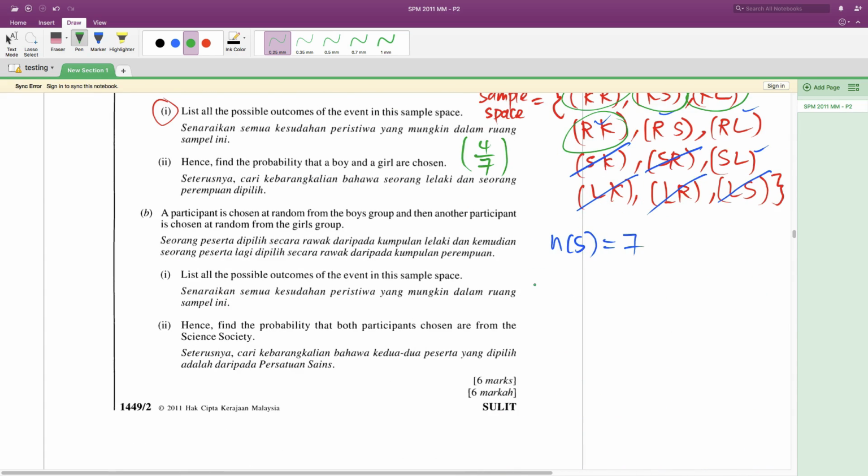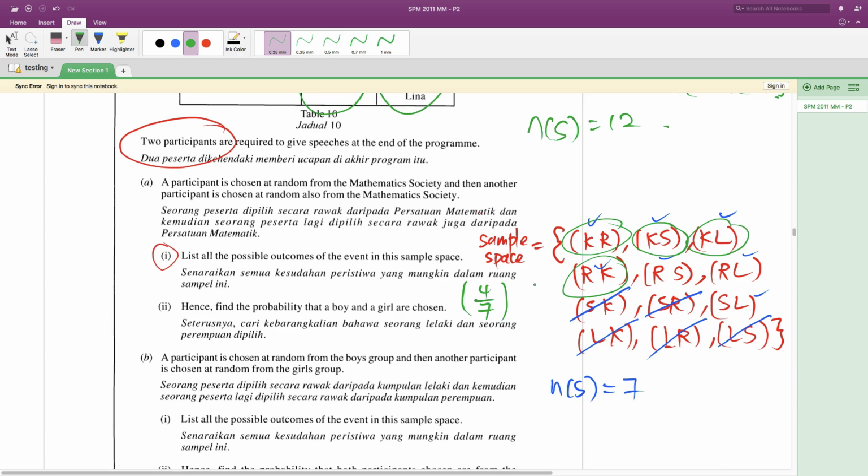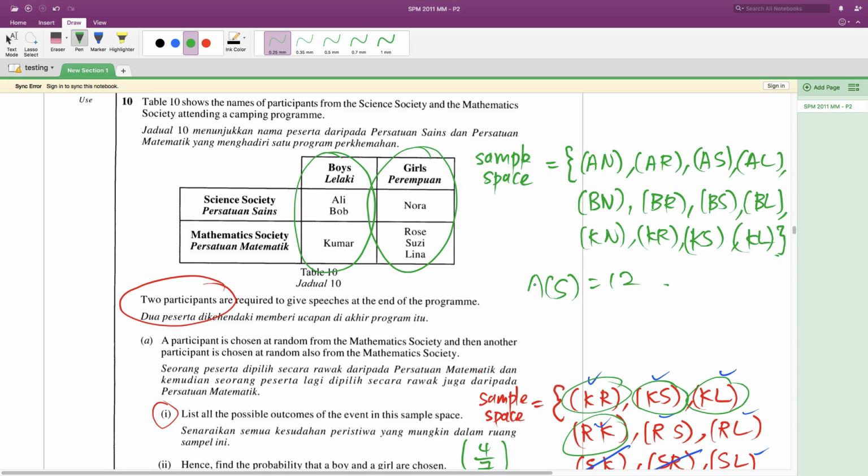Alright. Then for the second part, hence find the probability that both participant children are from the science society. They want both from the science society. So in order to be in the science society, the girl needs to be Nora, because the other three girls are not from the science society.